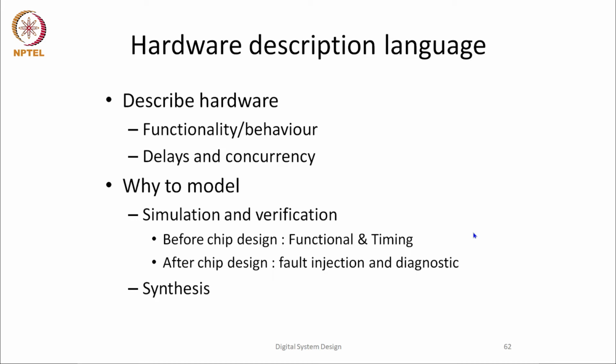These EDA tools can take hardware description languages and finally describe the hardware in terms of logic gates, and using those logic gates we can do the later process of chip designing. In summary, these hardware description languages are used not only to model hardware but also to design hardware.